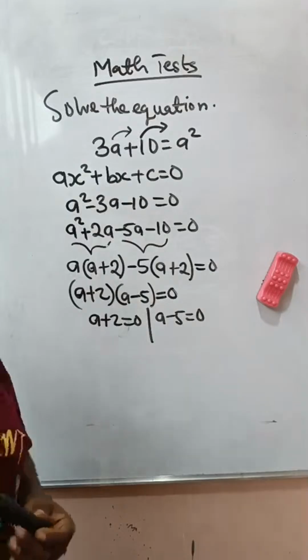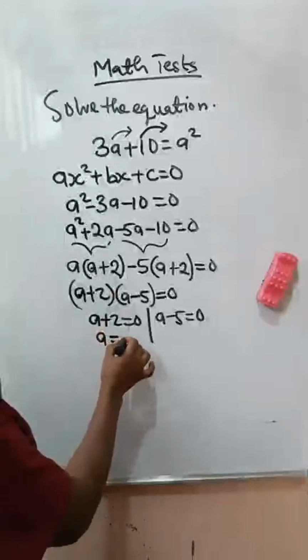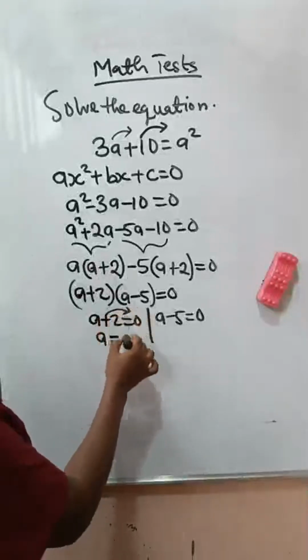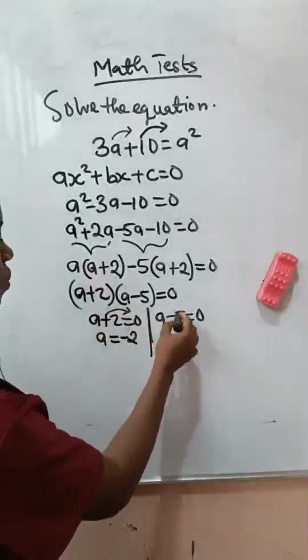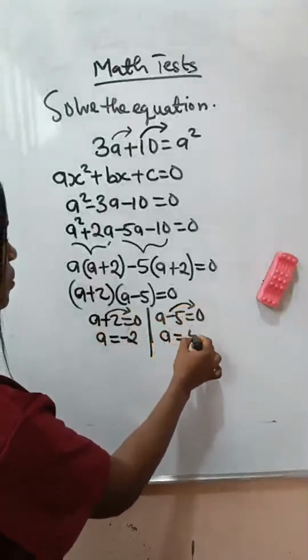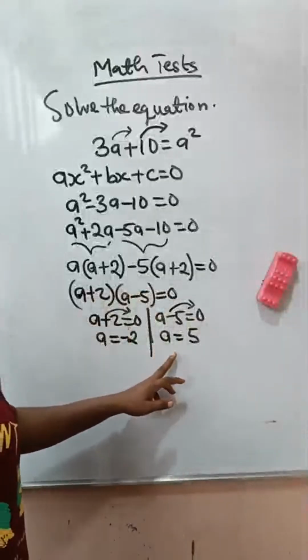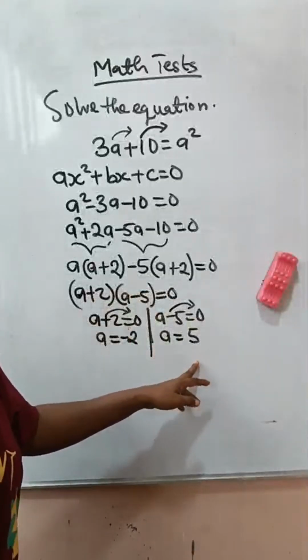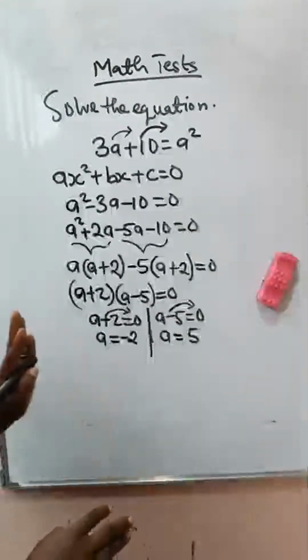If a plus 2 equals 0, it means that a is equal to minus 2. For the other side, a minus 5 equals 0 means a is equal to plus 5. So a is equal to minus 2 or a is equal to 5, just like most of you suggested, and that is option D.